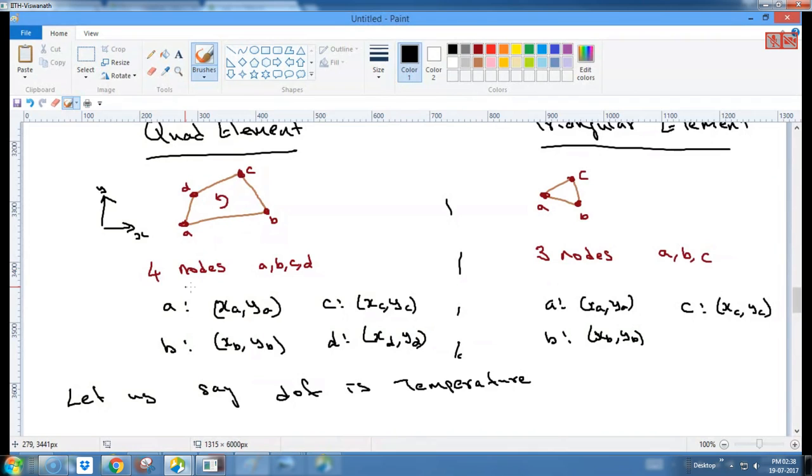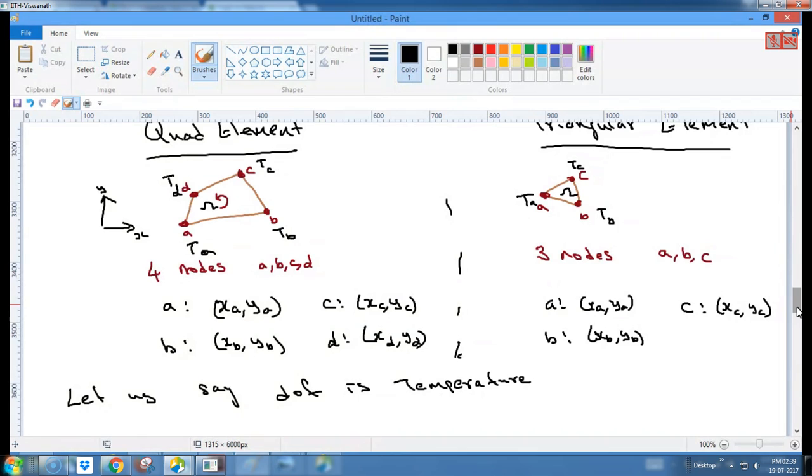So that means we want to know: if I know the temperature at A, TA, the temperature TB, TC, and TD, what would be the temperature at this point or that point or any other point inside this element? That is what I want to write down. Similarly, if I know the temperature at TA, TB, and TC, can I write the temperature field anywhere inside this domain omega?